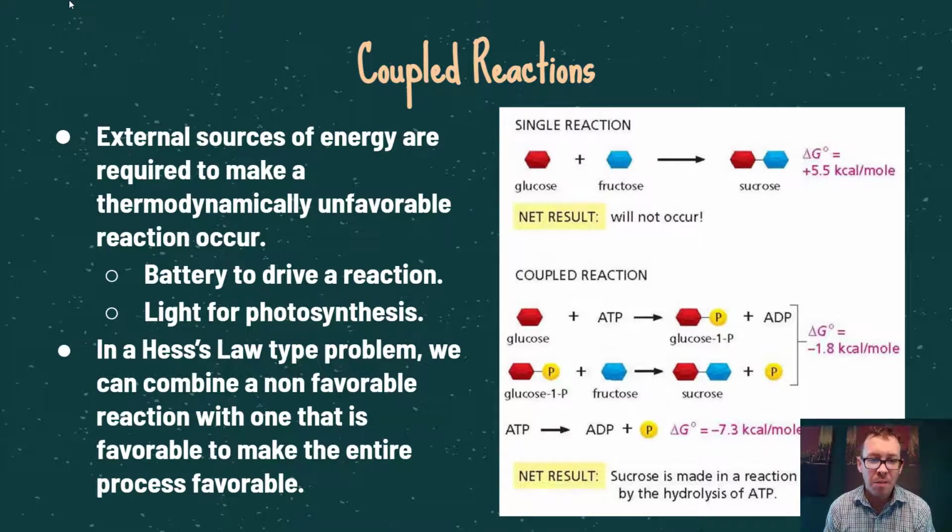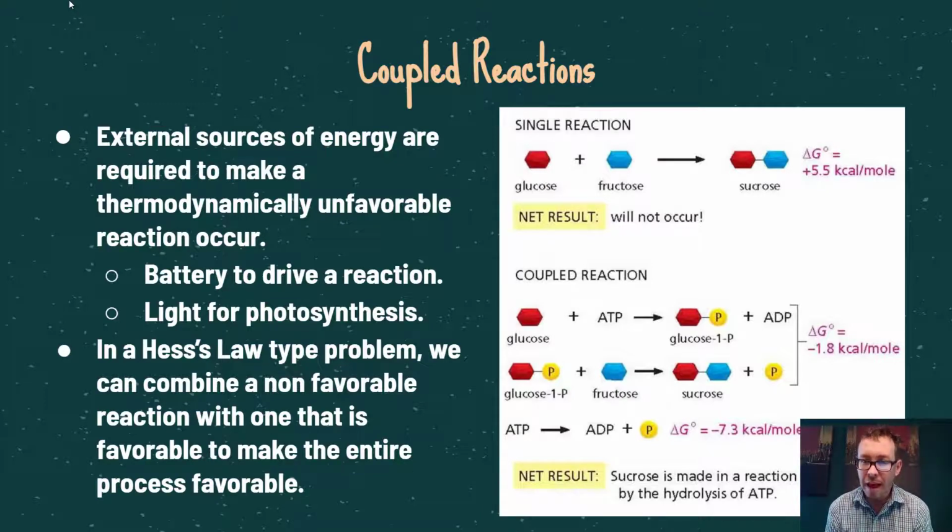That way the reaction is thermodynamically favorable. So in a Hess's law type problem, we can actually combine a non-favorable reaction with one that is favorable to make the entire process favorable. For example here, the single reaction of glucose and fructose to make sucrose has a positive delta G value. So it is non-spontaneous, it is not thermodynamically favorable, it will not occur.